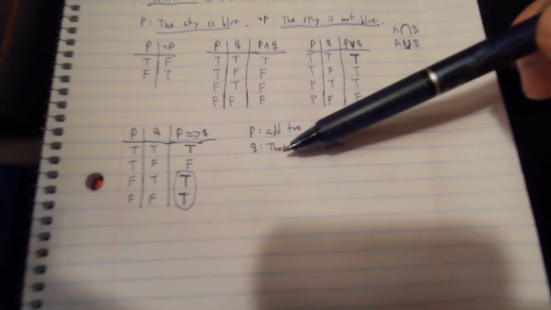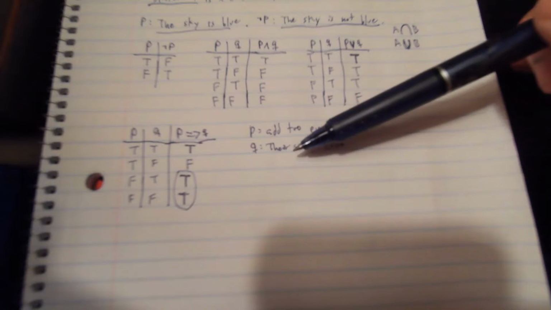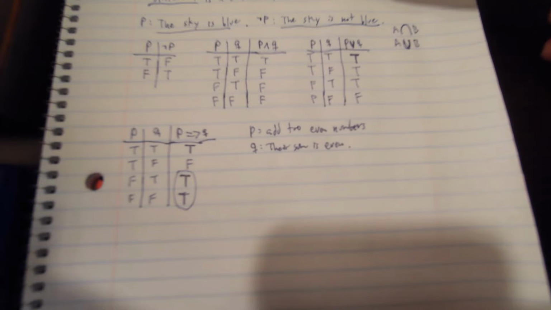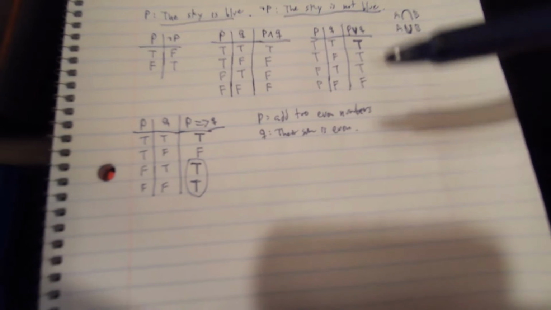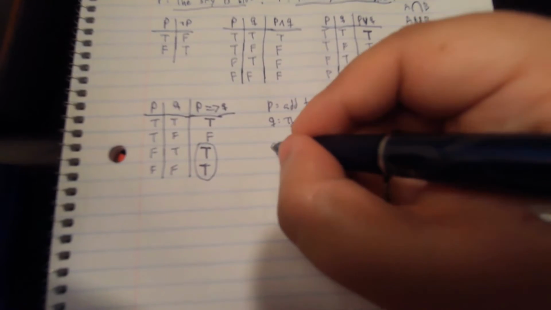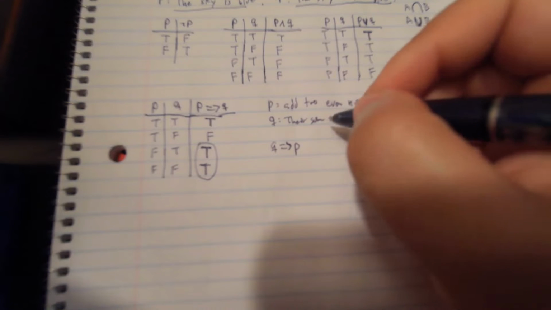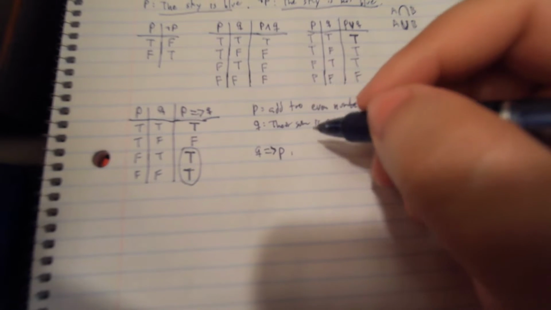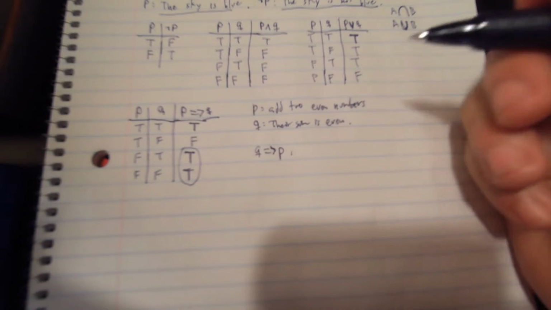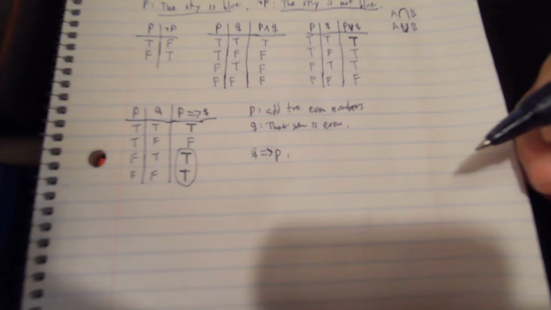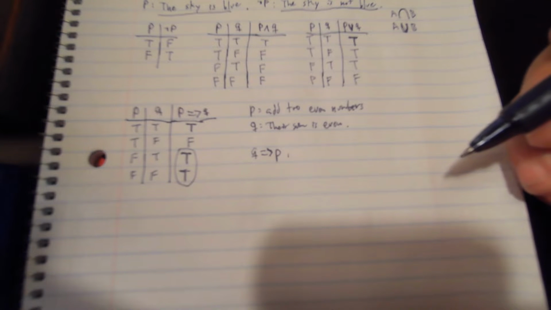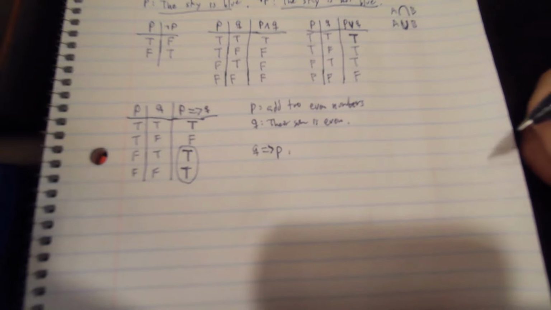To keep it simple, let's talk about natural numbers. The statement Q then P would have to mean something like: if the sum of two natural numbers is even, then both the numbers were even to begin with.